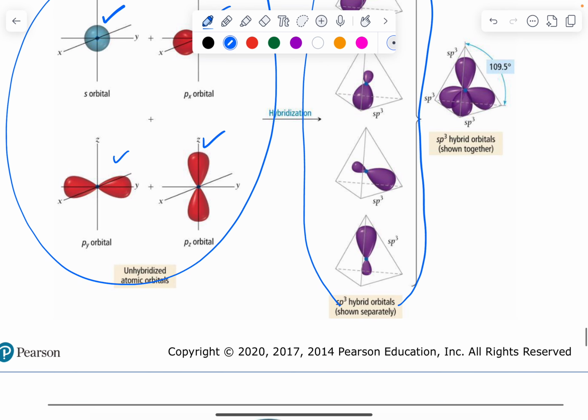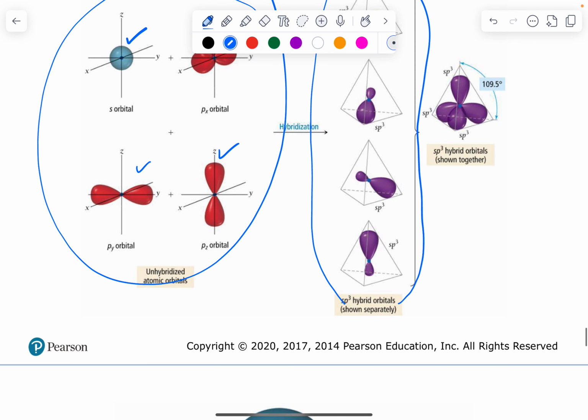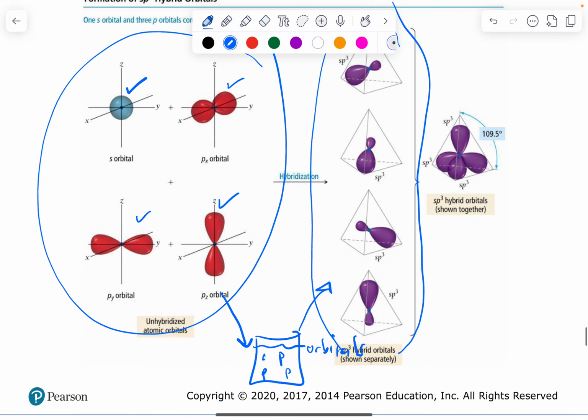Think about if I took all of these orbitals and I dumped them into a container. Okay, so we've got 4 orbitals, an S, a P, and a P, and we're going to mix them up. Okay, so shake up the container, and then we're going to divvy that container back out into 4 new orbitals. So think of them as like smaller cups, right?